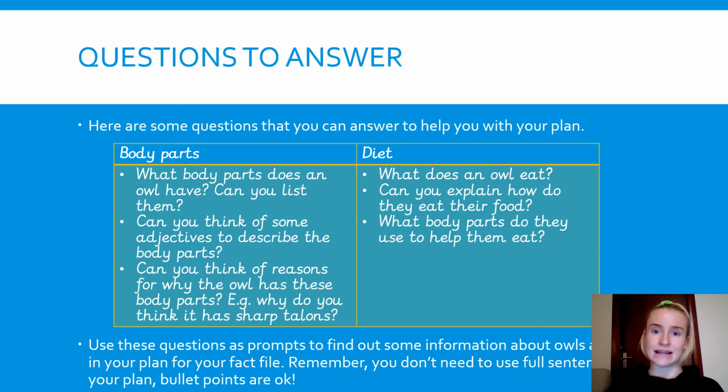Just write them in a list. Can you think of some adjectives, some wow words, to describe the body parts? Can you think of reasons for why the owl has these body parts? For example, why do you think it has sharp talons? You might need to do a bit of research for what a talon is first to understand that.